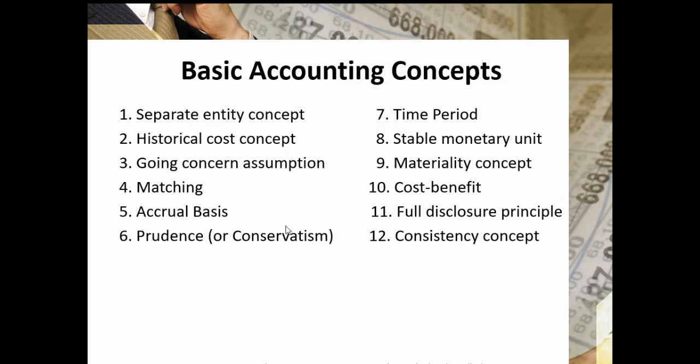Next, you will make a brief description of the miscellaneous expense account in the notes to financial statements, sufficient for users to understand the nature of this account. So, magdi-disclose ka kung ano yung mga nakalagay sa miscellaneous expense na account. So, this concept is full disclosure.